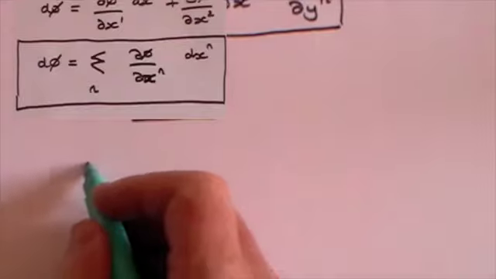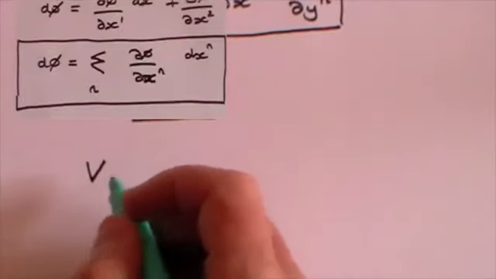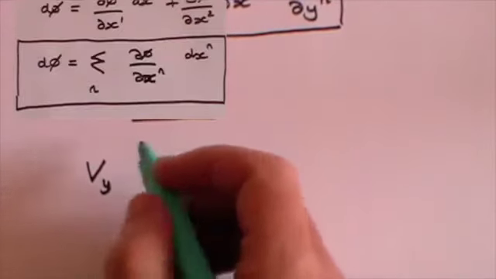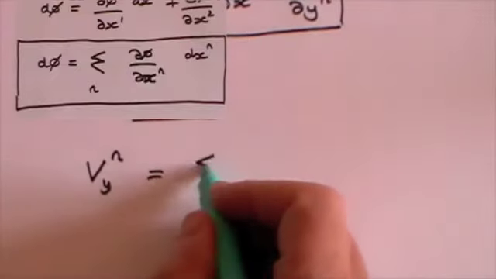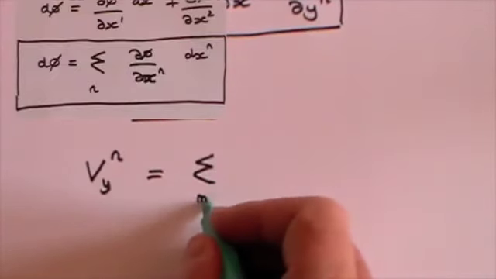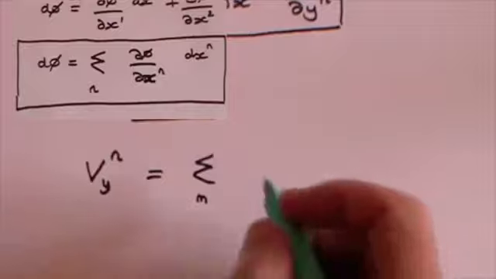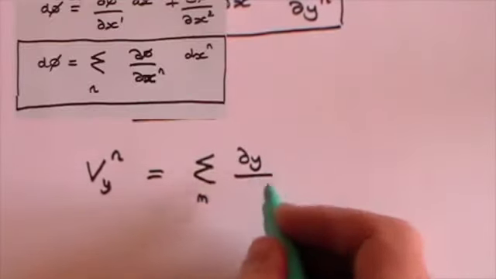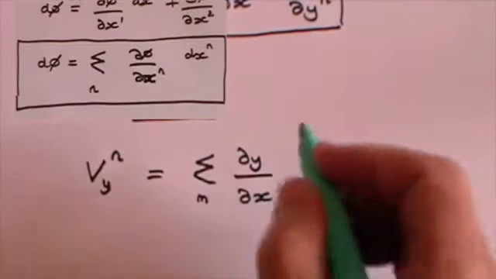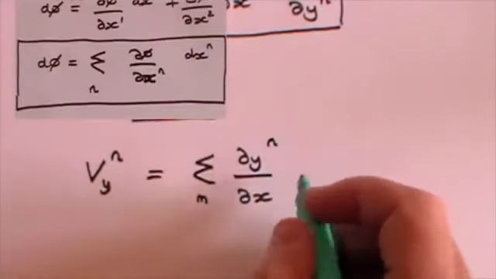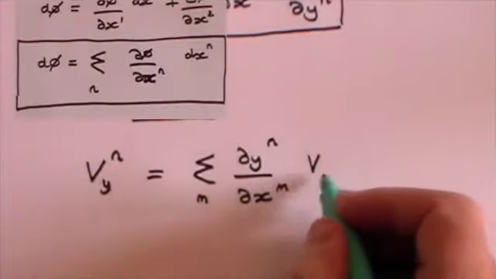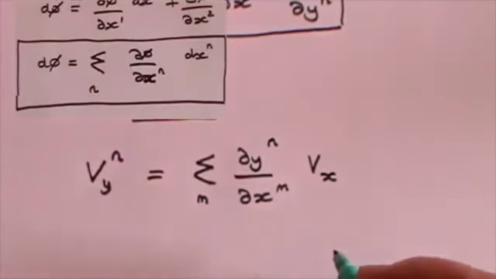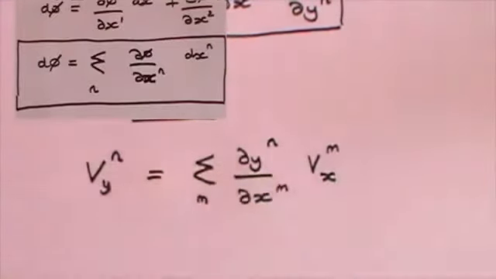So we would simply say that the vector in the y frame of reference with the coordinate n, which we choose, is equal to the sum over m, where m is now the summation term, of the gradient, which is dyn over dxm, times the vector in the x frame of reference, m.